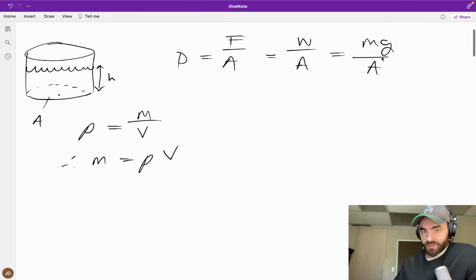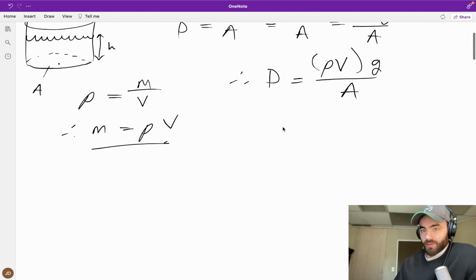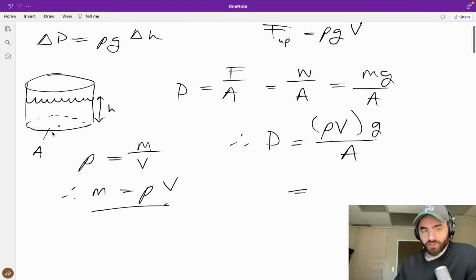Right, we substitute this into here, and we get P equals, well, the mass is this in terms of the density and the volume. It'll be density times volume times g over A. Right? And finally, the volume of this entire thing is just the area times the height.